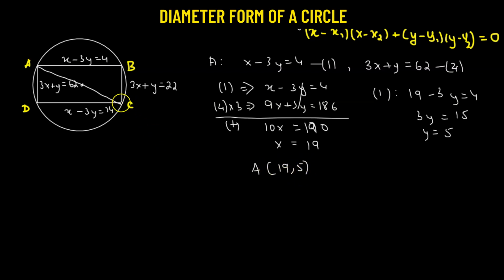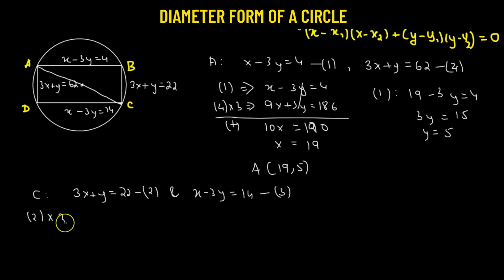Now we need to find the coordinate of point C. For this, we need the equation 3x plus y equals 22, which is equation number 2, and the equation x minus 3y equals 14, which represents the side DC. This is equation number 3. We go the same way. We take equation number 2 and multiply it throughout by 3.